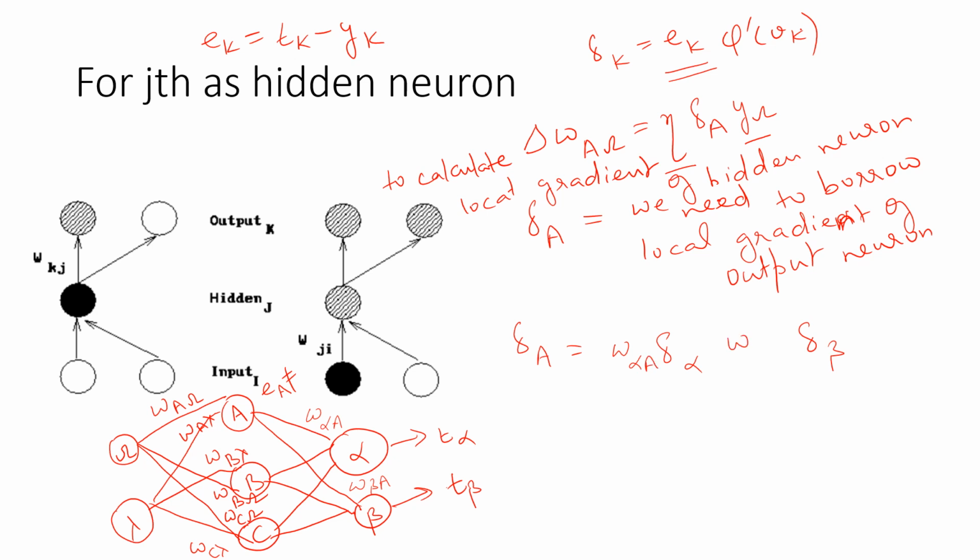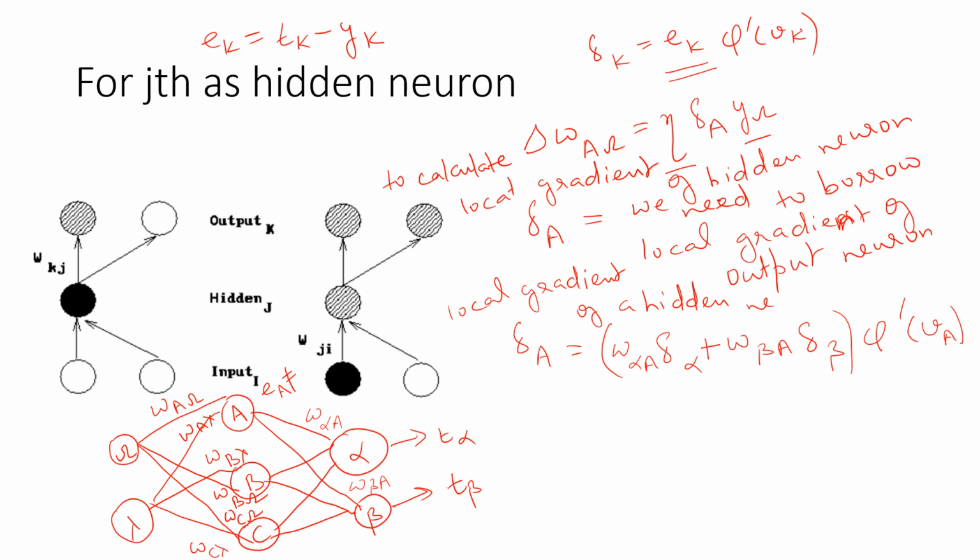And now if you do the summation, this will give you the local gradient of the A neuron, with the derivative of the activation function of A, the weighted sum at A. So this is my local gradient of a hidden neuron.